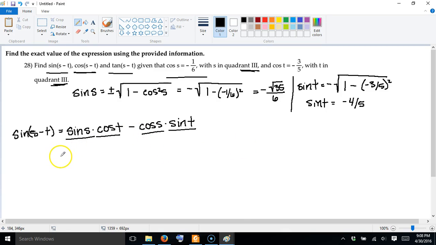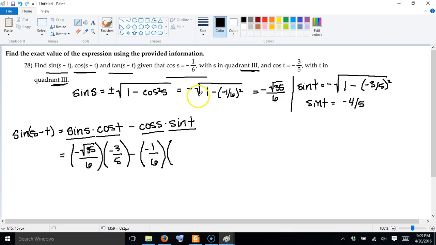So plug away. We have sine s is equal to negative square root of 35 over 6. We got cosine t is equal to negative 3/5 minus our cosine s, that's our negative 1/6, and then a sine t is negative 4/5.